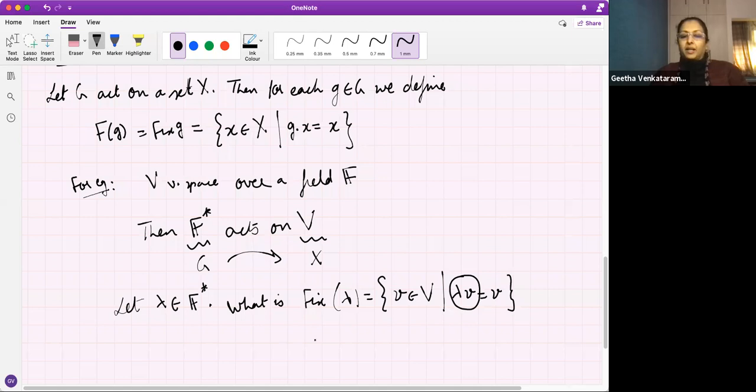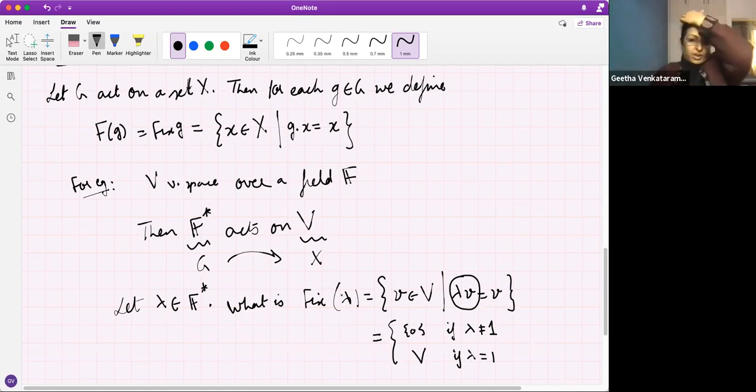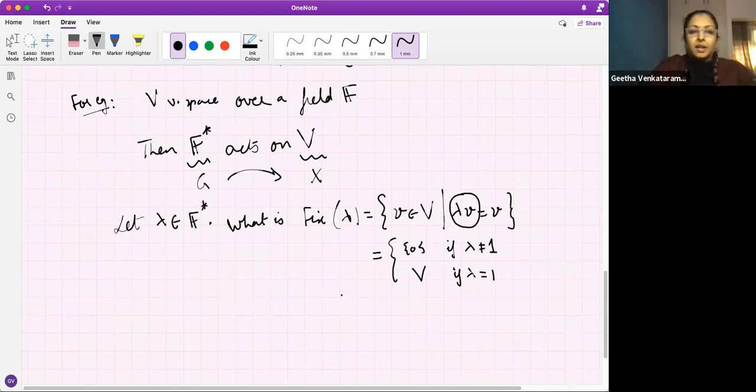So this turns out to be just the set {0} if lambda is not equal to 1, 1 being the multiplicative identity of the field F, and it will be the whole set V if lambda is equal to 1.